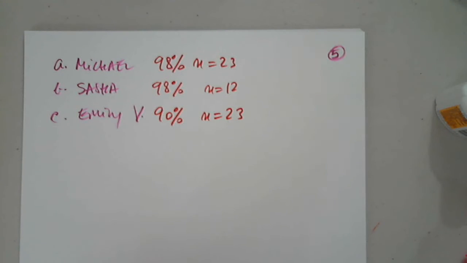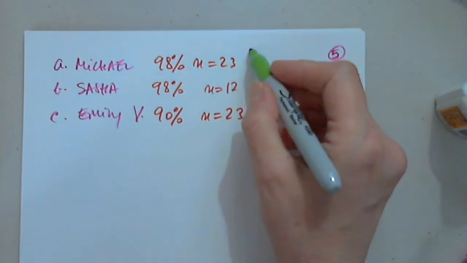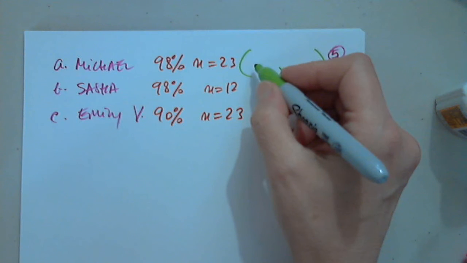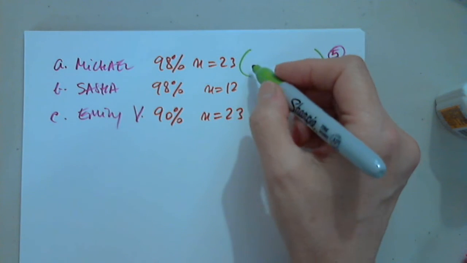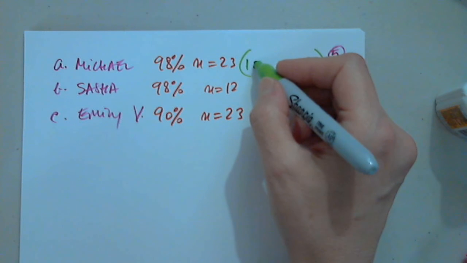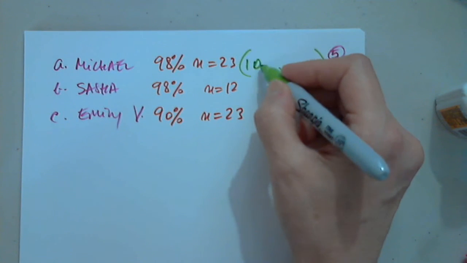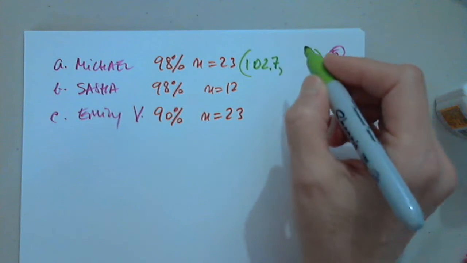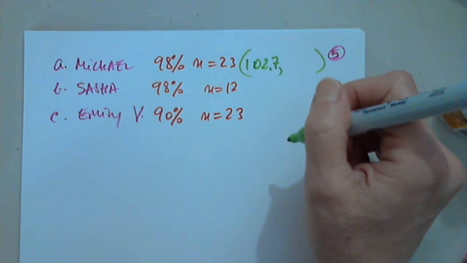Okay, I have the answers for the first one. The lower bound is 102.7, because they want one decimal place.